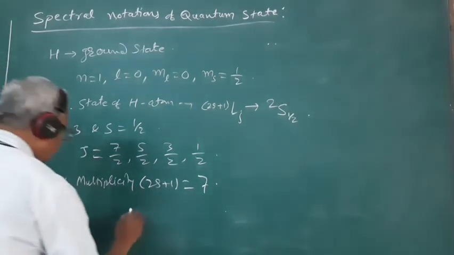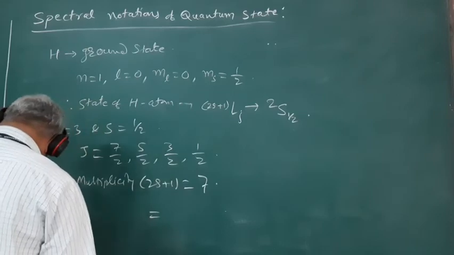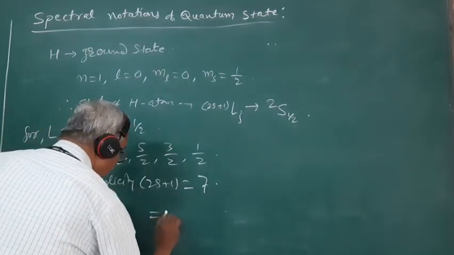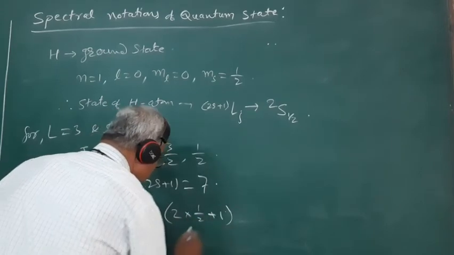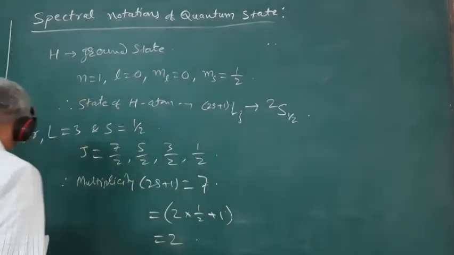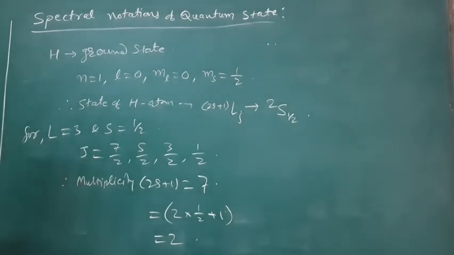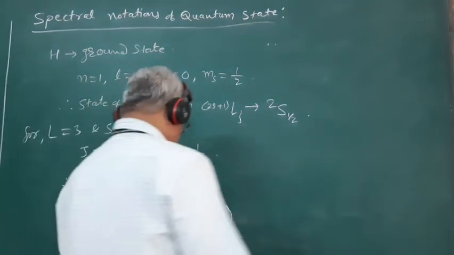This is equal to 2 into 1/2 plus 1, which is 2. So the multiplicity is 2. And L equal to 3 indicates the F state.